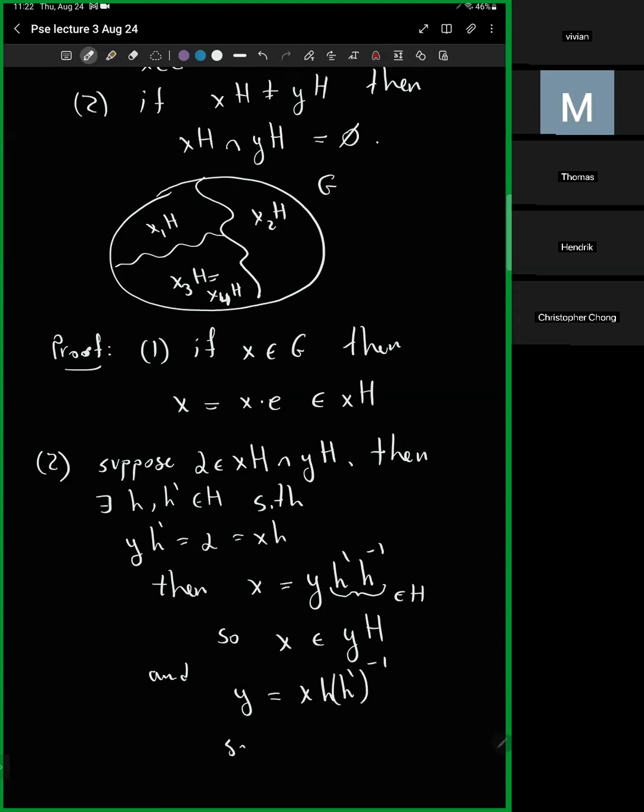So y belongs to xH, because this element is an element in H.